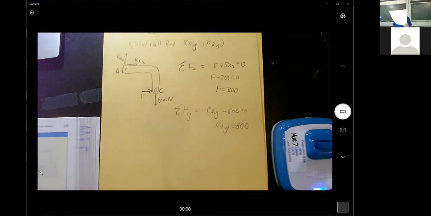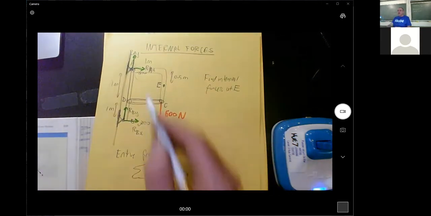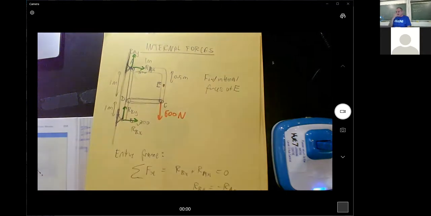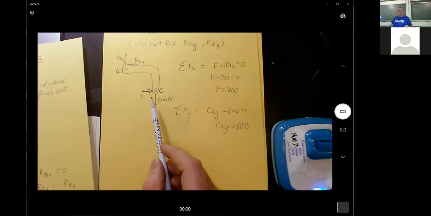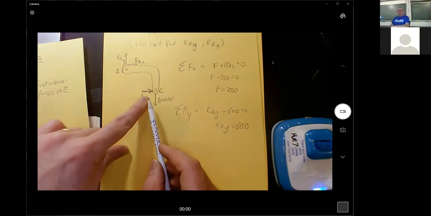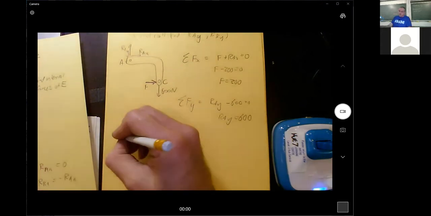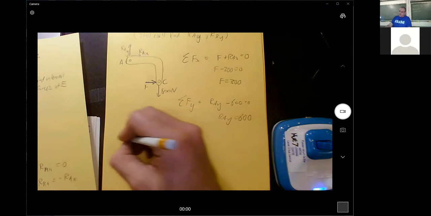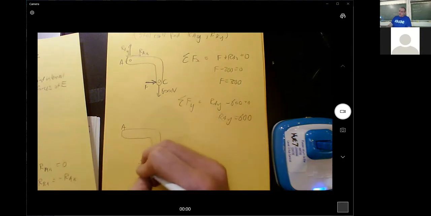cool. So just let me see what I did. I looked at the entire thing and I got some information about what this one was from that. And then I looked at just this piece and I had to add an extra force. And so now I've got this one, I know what all of these bits are. So I'm just going to redraw the diagram so I know properly what's going on. This is 300 this way.